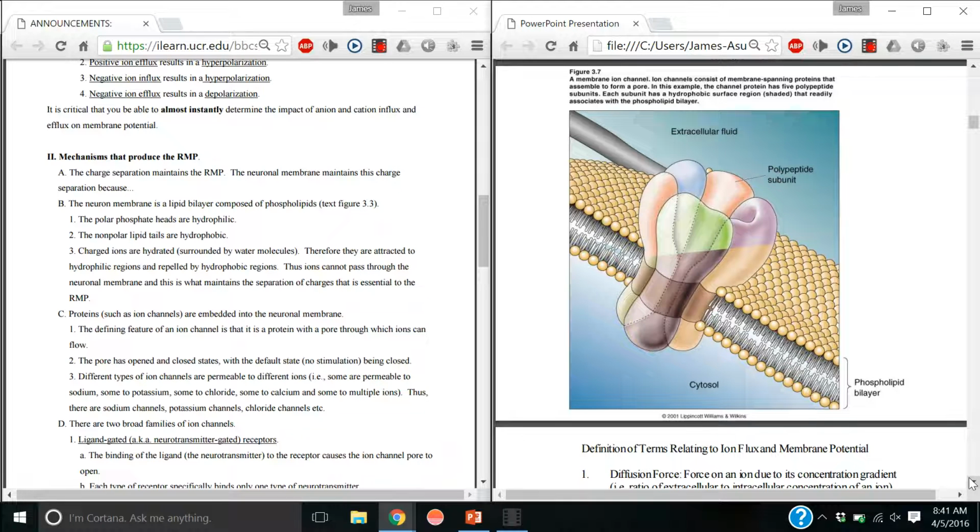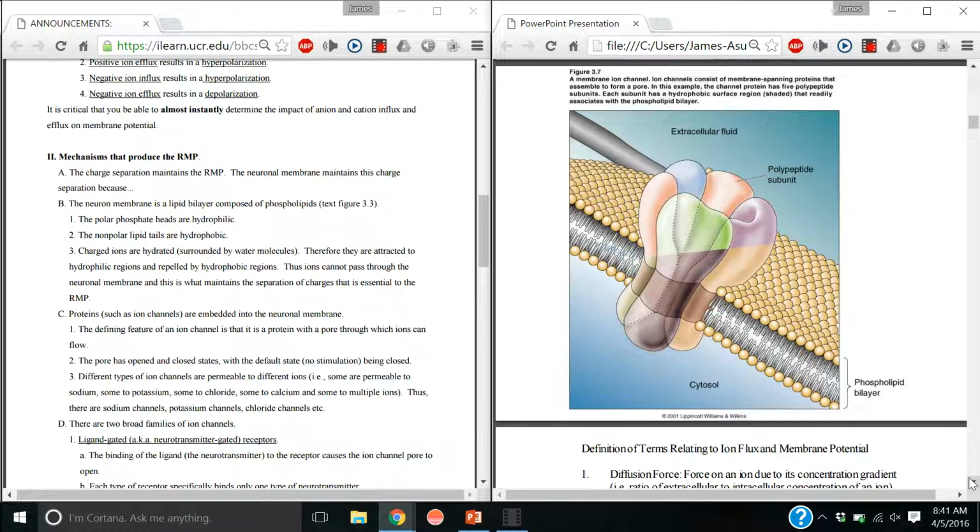And in addition to that, the ion channels are selective for which type of ion can flow through the channel when it's open. Some of these ion channels will allow sodium to pass through. Those are called sodium ion channels. Others will allow chloride to pass through. Those are called chloride ion channels. Some will allow potassium to pass through.